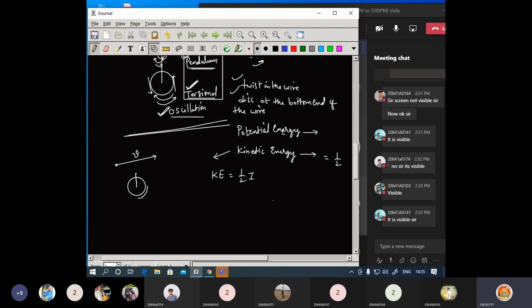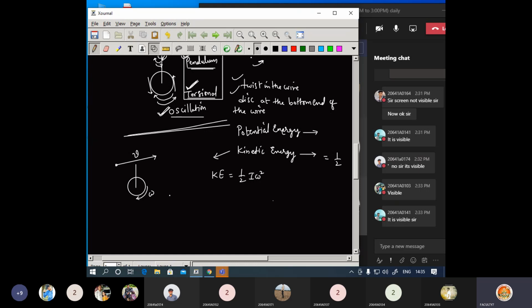It is moving around the axis of the wire, so there will be an angular velocity. Instead of v, we take omega as the angular velocity. Now the kinetic energy is given as half I omega square.